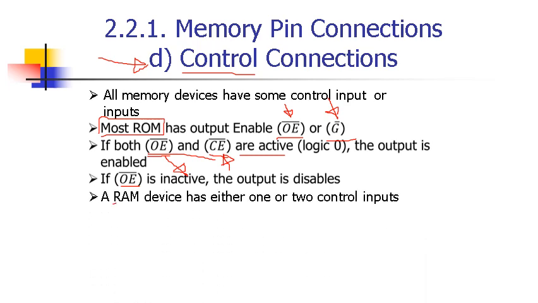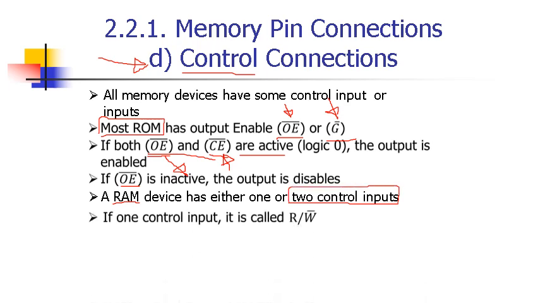Unlike ROMs, RAM devices are devices that can be written into and read from. So they have to have two control inputs to decide whether you are reading from the RAM or writing into the RAM. Sometimes they multiplex it into a single pin labeled R/W bar.